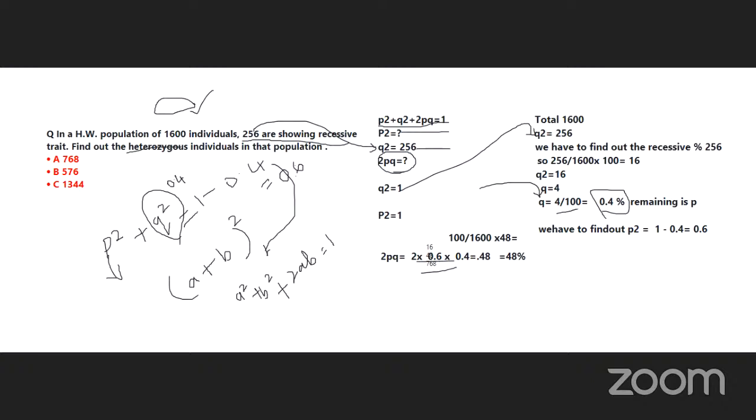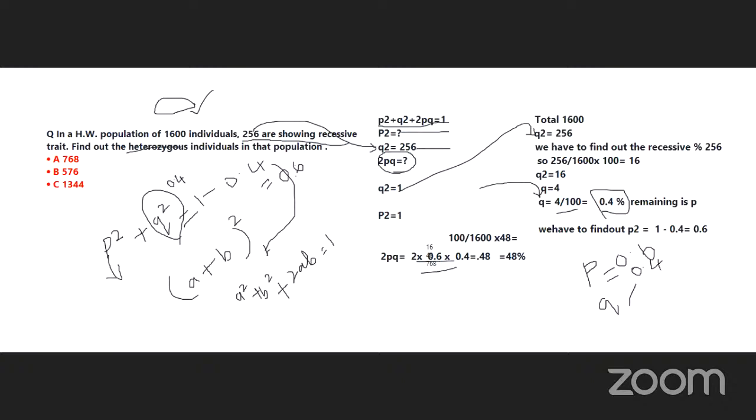So P, that is equal to 0.6. Sorry, Q is 0.4, P is 0.6, isn't it? Do you understand, my dear Kritika?